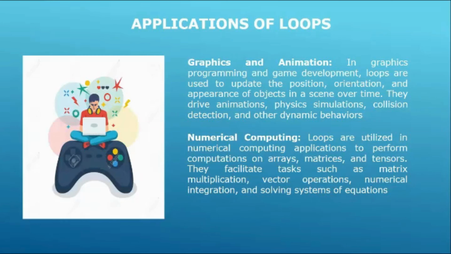For example, in Python graphics, if I want to draw a circle, a triangle, a pentagon or hexagon, I have to use the library known as Turtle. I have to import that library. When I want to set the orientation and the position of the turtle to draw the circle, I have to make use of a for loop. So for both graphics and animation, and also game development, I can make use of the loops.